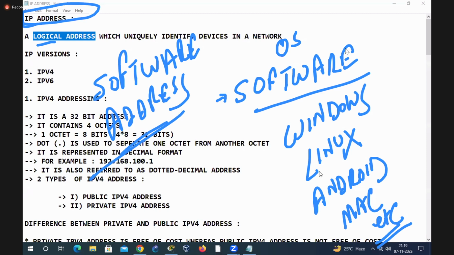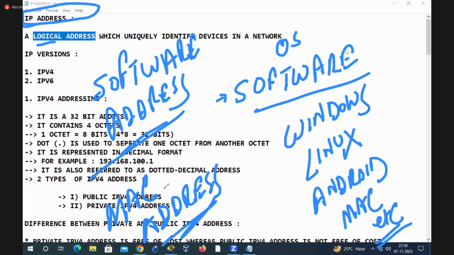But if we talk about another address called MAC address, that is your media access control address. This address, you cannot change it permanently. This is always found in the network interface card of your machine. This NIC is basically a physical hardware component which is responsible for transmitting your data or receiving your data in a network.